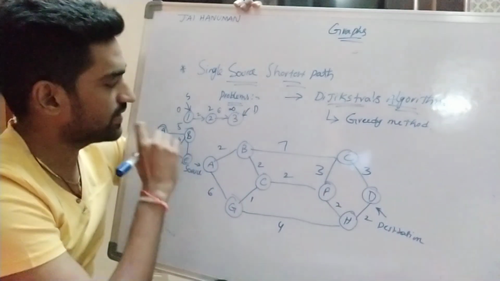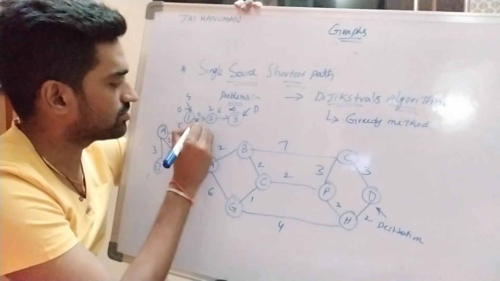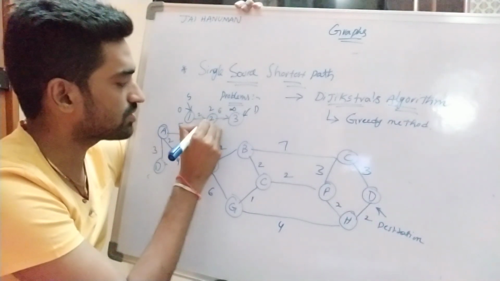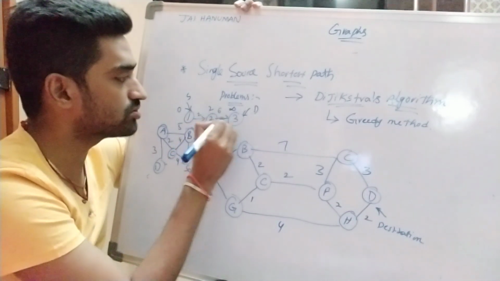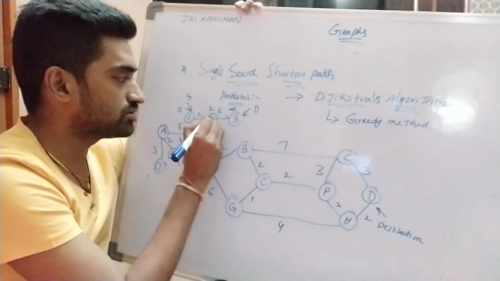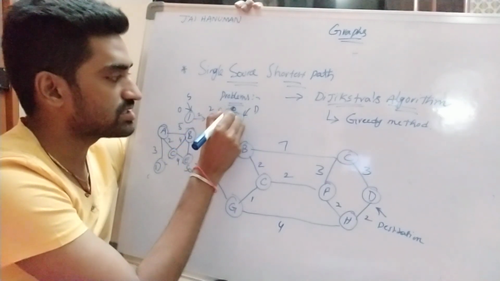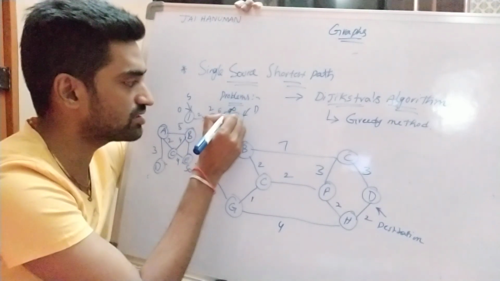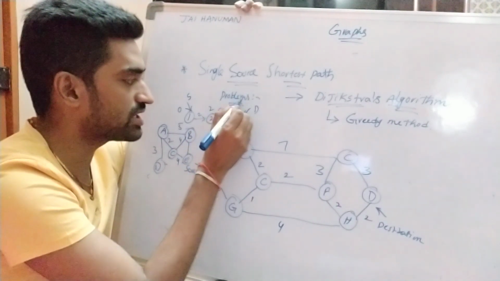Once 1 to 2 is reached, what is the shortest path from 2 to 3? 2 plus 6, which is 8. So here we are performing an updation. In place of infinity, we are placing 8.